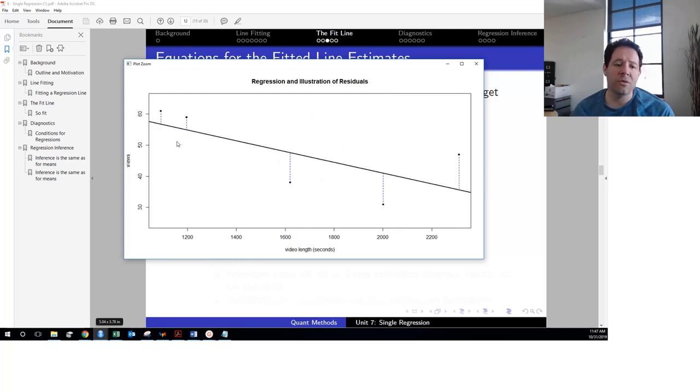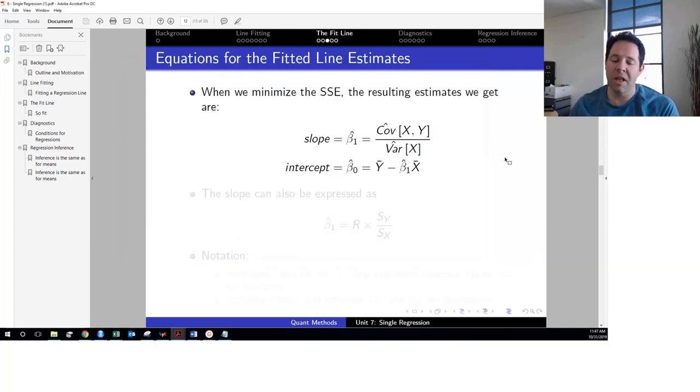It actually just used a formula for the solution to the fitted line given the data. It didn't actually minimize the sum of squared errors, even though that's what it did. It used this formula, but this formula implies minimizing the sum of squared errors.